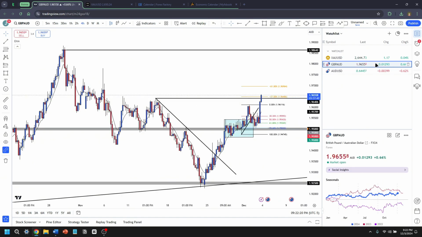So for GA, that hit our overall bias. What I tend to notice with me is that a lot of times my biases for these pairs will be right, but it's really just the entries. So I need to focus on that.